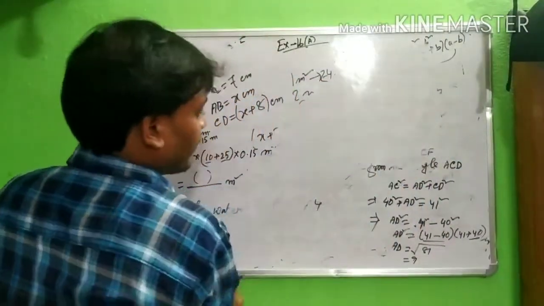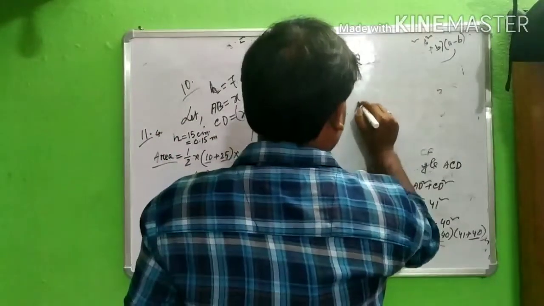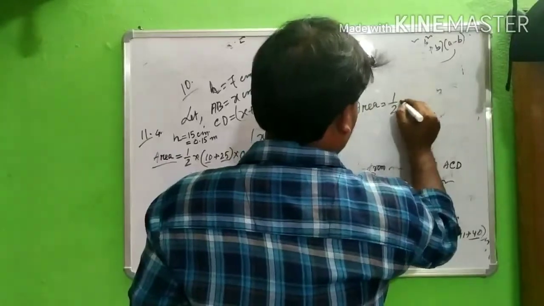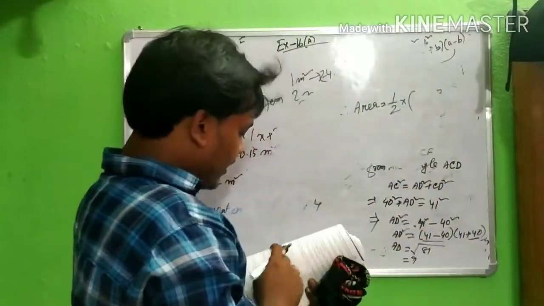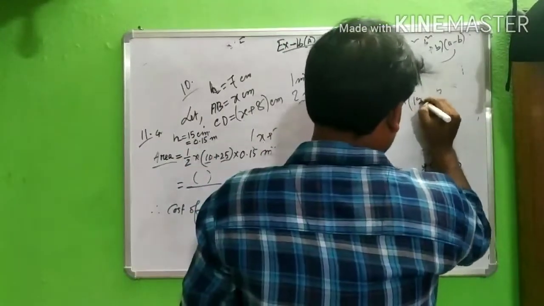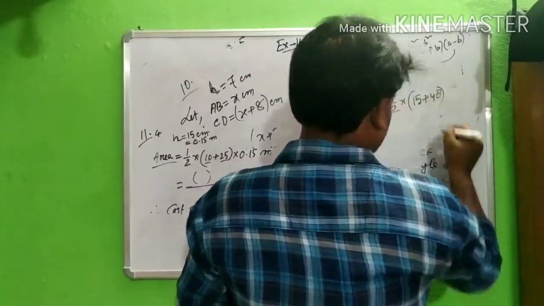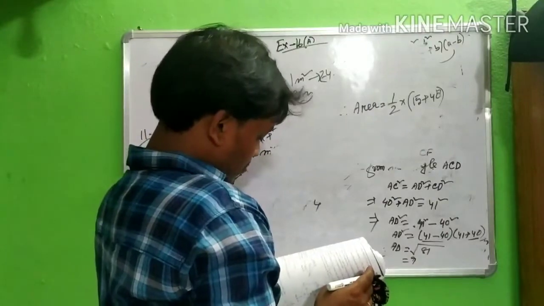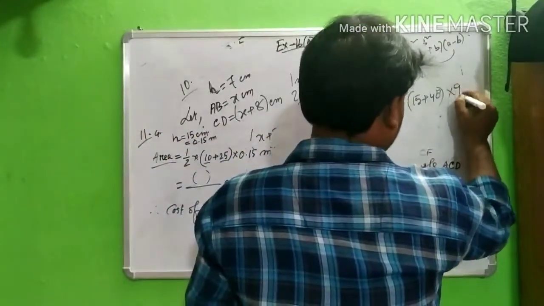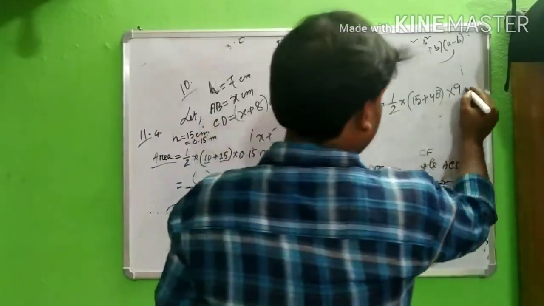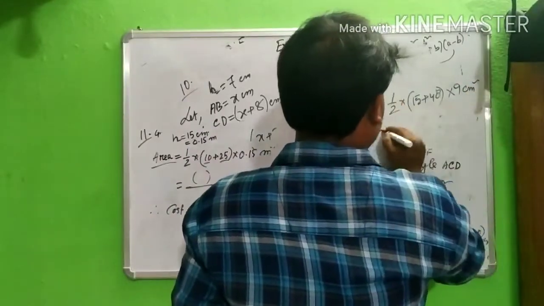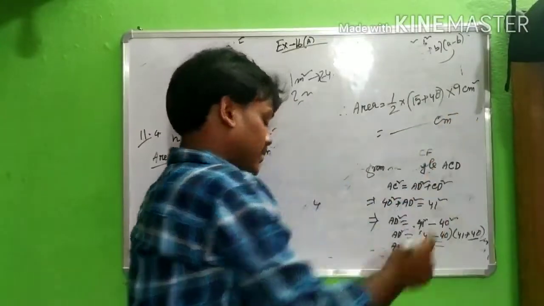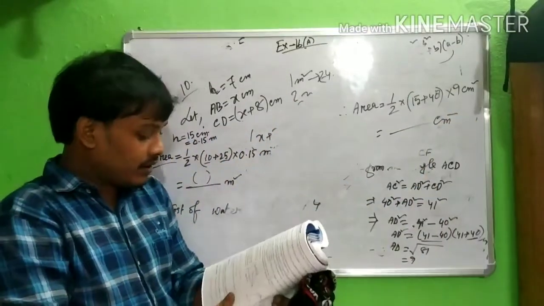Therefore the required area is half into the sum of parallel sides, 15 plus 40, and height is 9, unit centimeter square. So find this value here, centimeter square. This one is the answer.